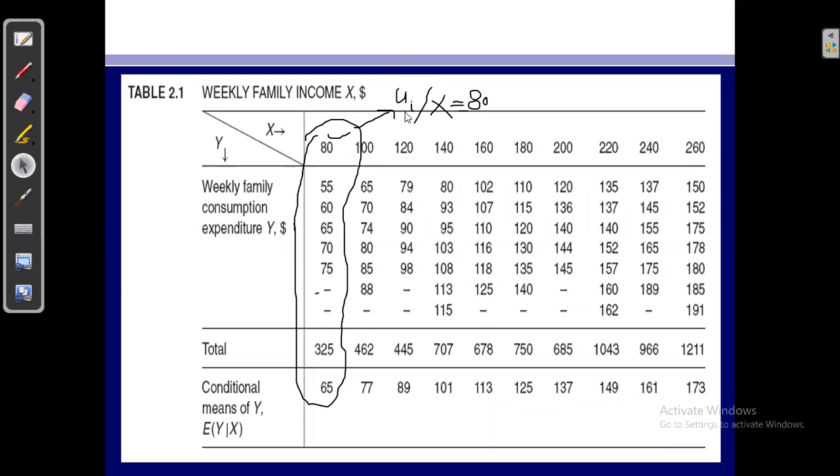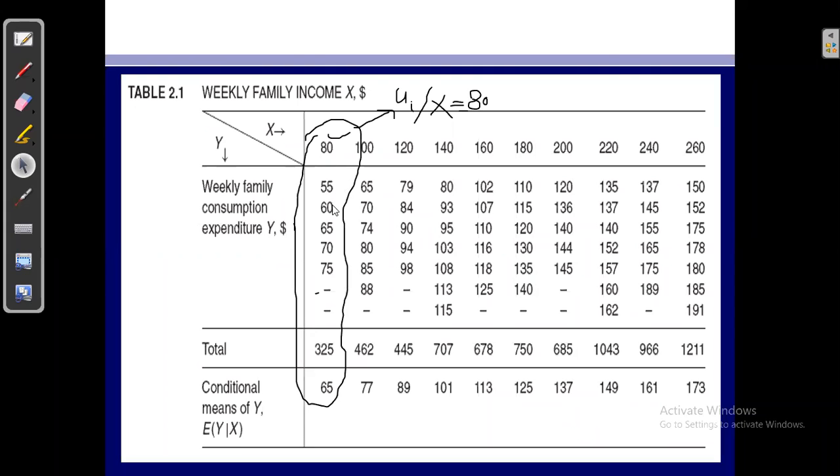So the ui values corresponding to x equal to 80 would be obtained by subtracting this 65 from each of these 5 numbers. The resultant figures that you will get, right? Minus 10 here, minus 5 here, 0 here, plus 5 here, and plus 10 over here.